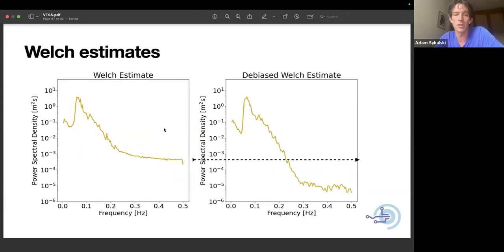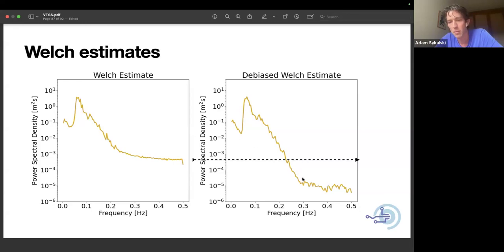Now let's look at the estimates of the pressure sensor. So Welch's estimate, recall this kind of flattening here, but when we debias Welch's estimate, we find they look very, very similar at low frequencies, but at high frequencies, we seem to be able to go lower down in power and higher up in frequency before we reach perhaps a new noise floor that is a couple of orders of magnitude lower than before.